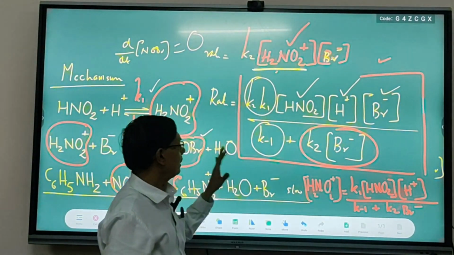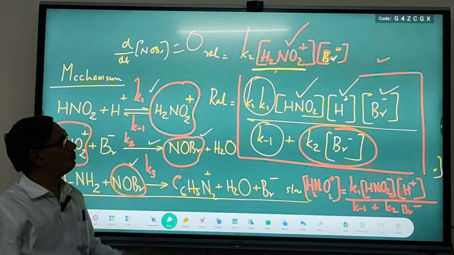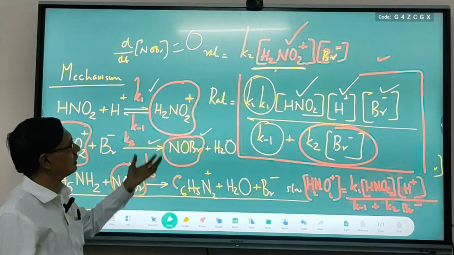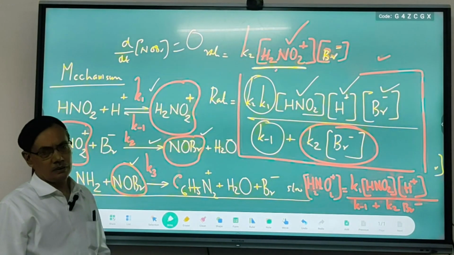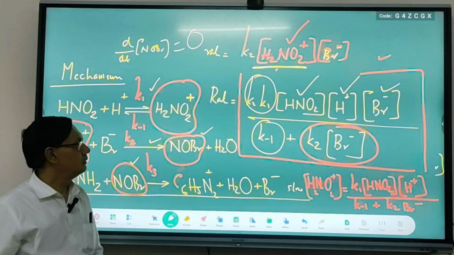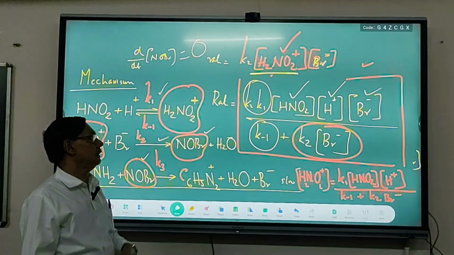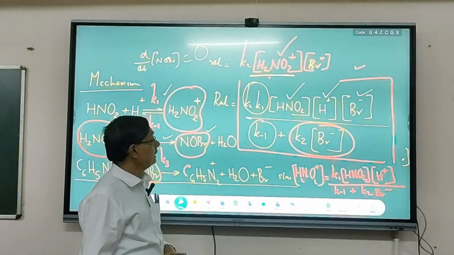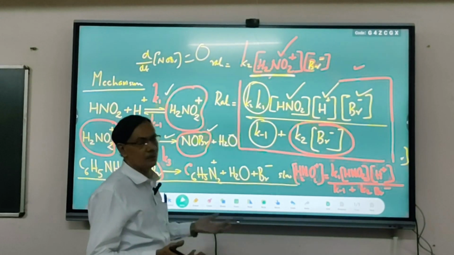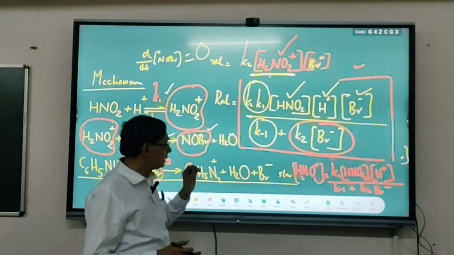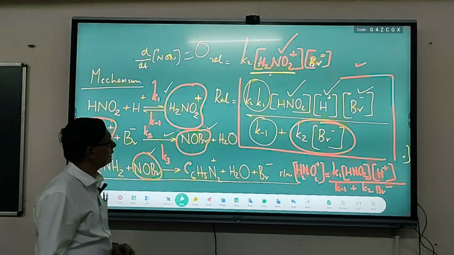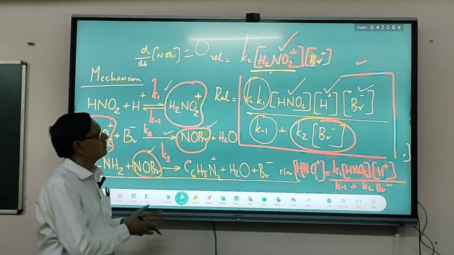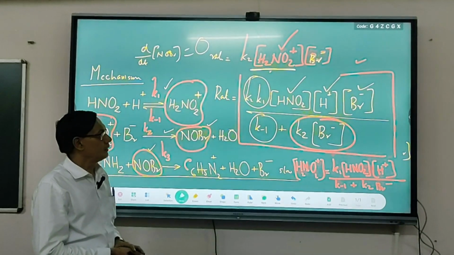So this is one of the simplest examples of the steady state approximation method, and a large number of examples are available in various books of physical chemistry like Levine, Atkins, Alberty and Daniels. The best thing for students is to write some simple examples and then apply the steady state approximation method.